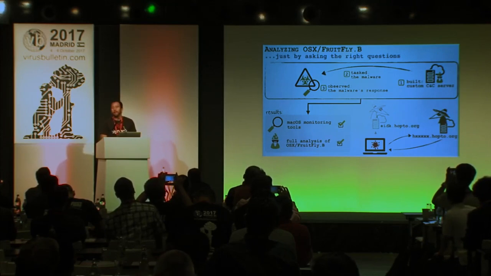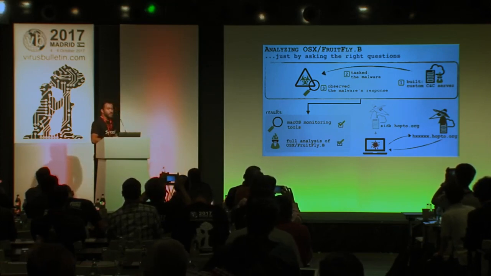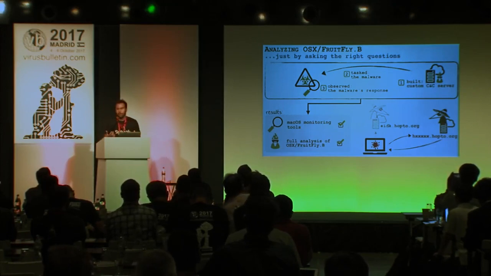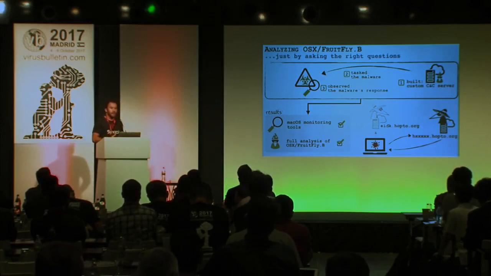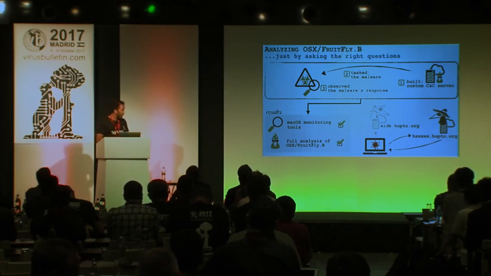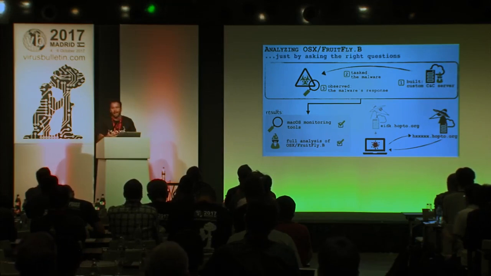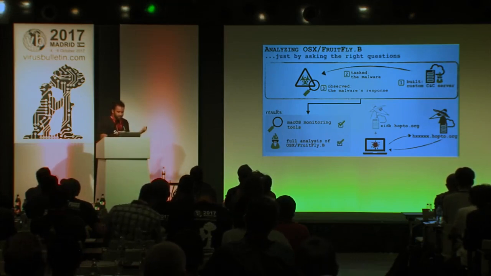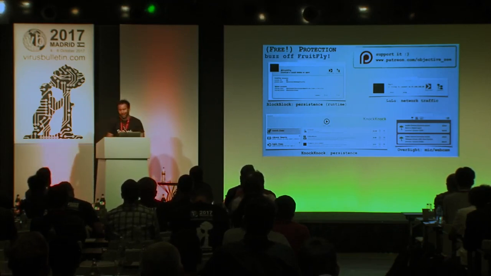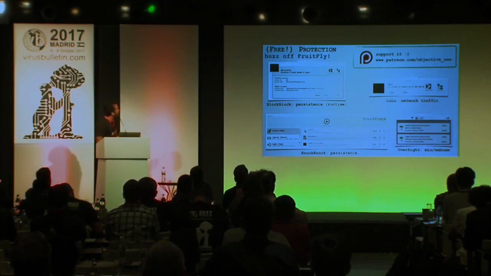And the end result, we have a full analysis of OSX FruitFly variant B. We were also then able to uncover a large number of the victims who were infected, and we worked with law enforcement as well. Of course, if we were more subversive or black hat, we could have obviously hijacked and taken over the victims and built our own botnet. But we're the good guys here, so that, of course, never happens.